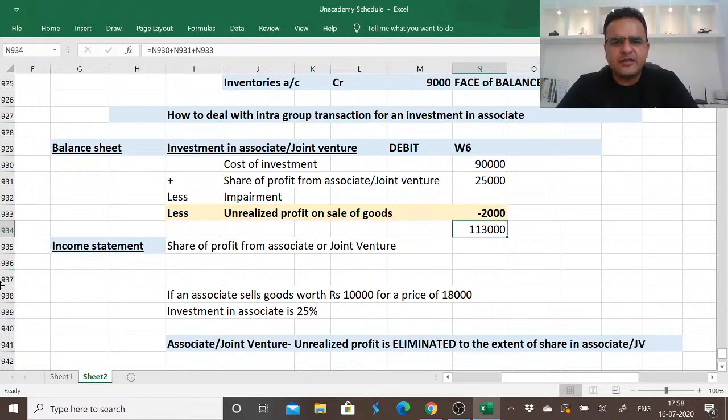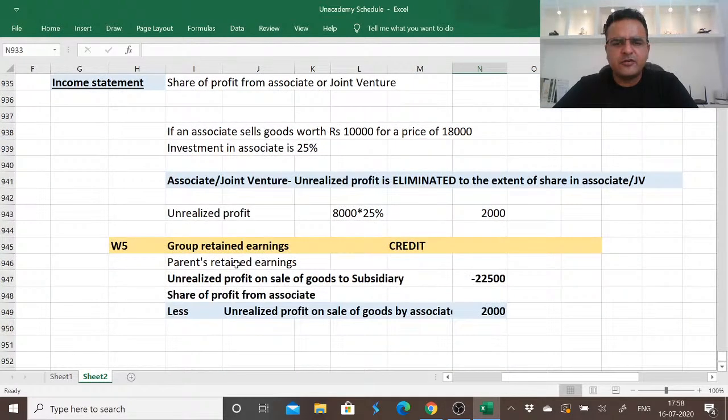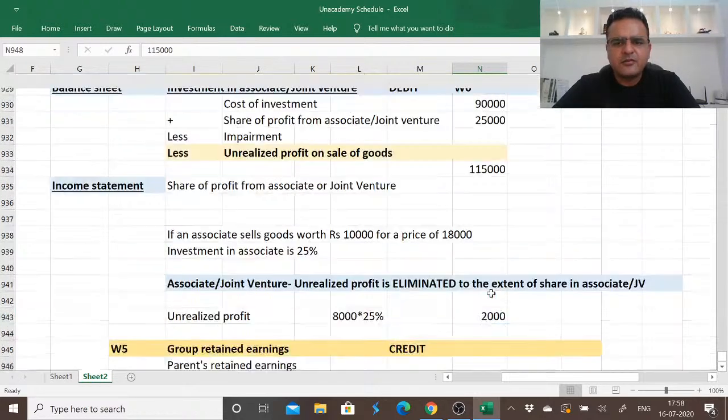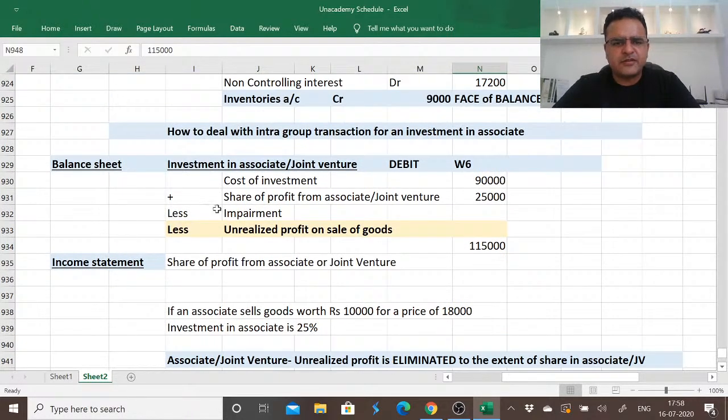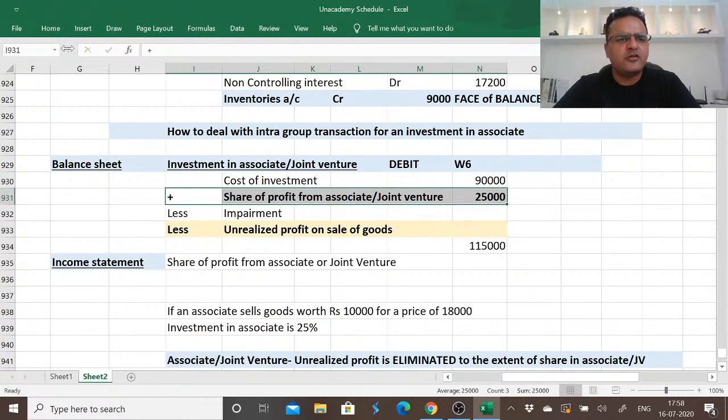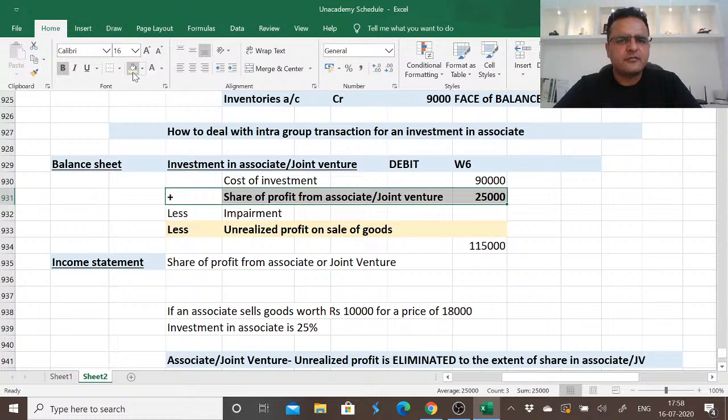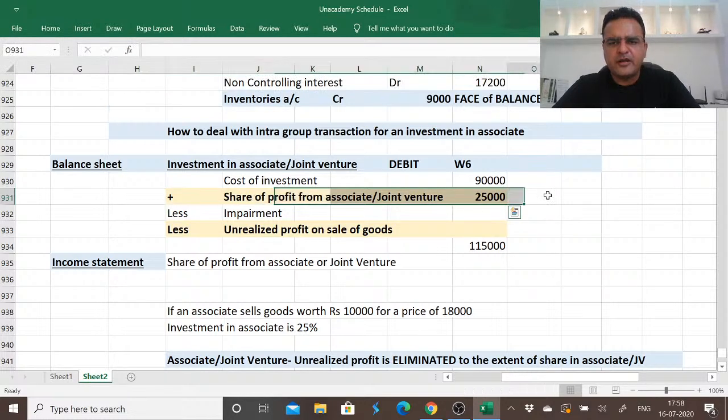In the absence of this, it would have been 115,000, because that's the share of profit from associate which will be included as part of working note number 5, group retained earnings.